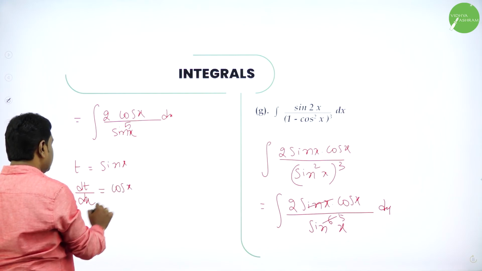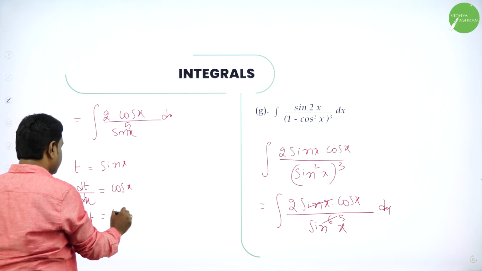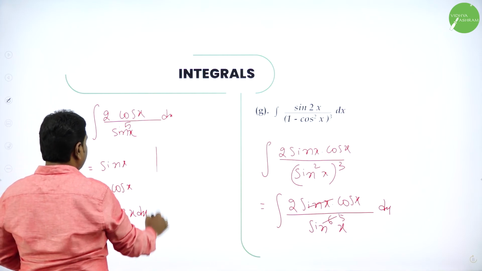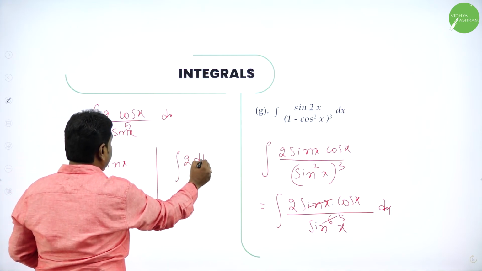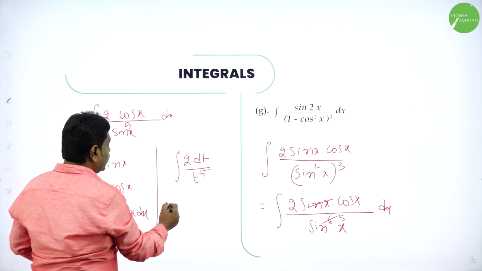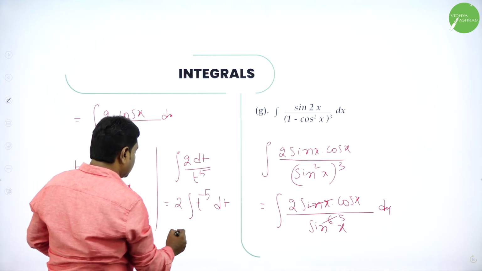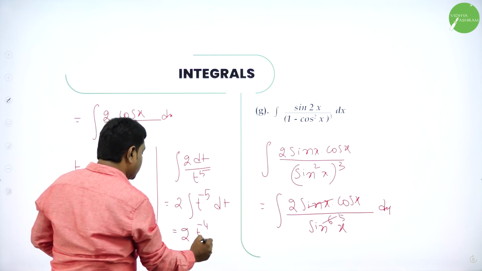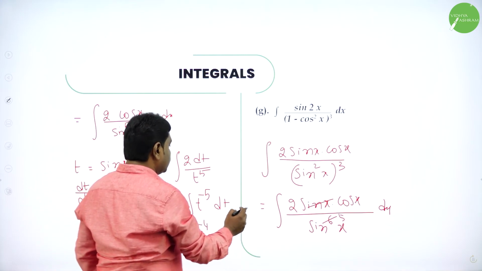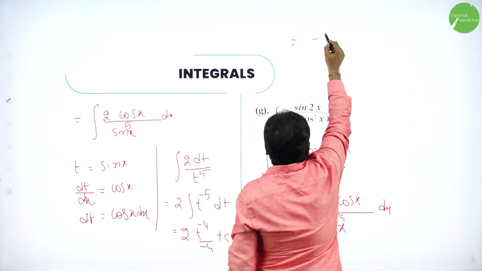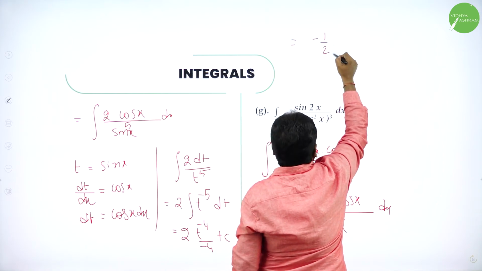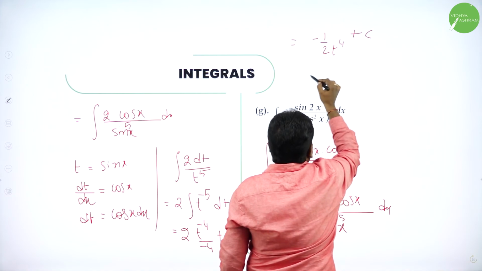So dt is cos x dx. Now the given problem becomes integration of 2 dt divided by t power 5. Take 2 out, integration of t power minus 5 dt. So that will become 2 times t power minus 4 by minus 4 plus c. So that will become minus 1 by 2 t power 4 plus c, and substitute the value of t.